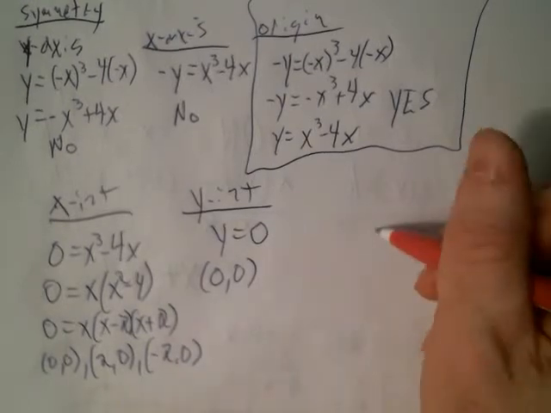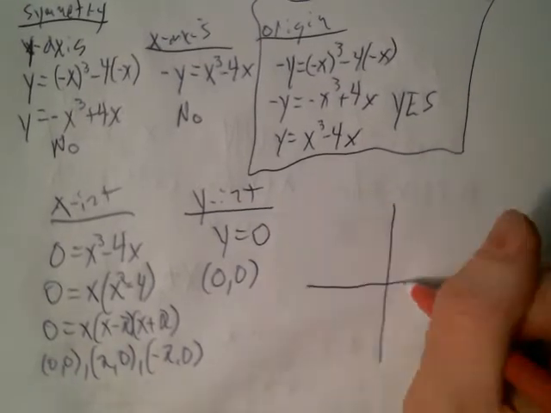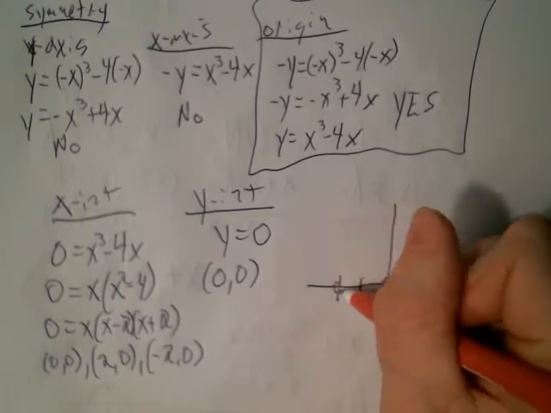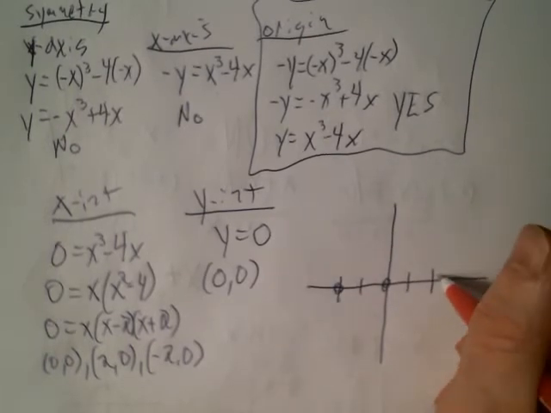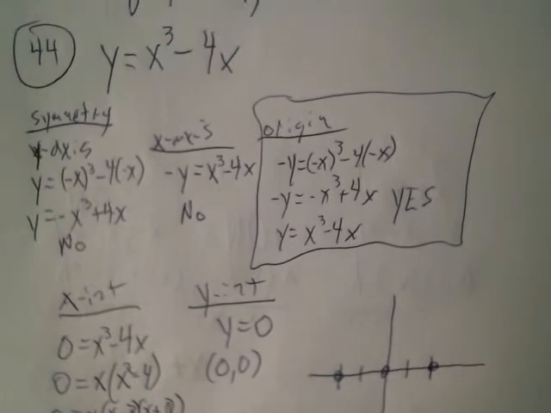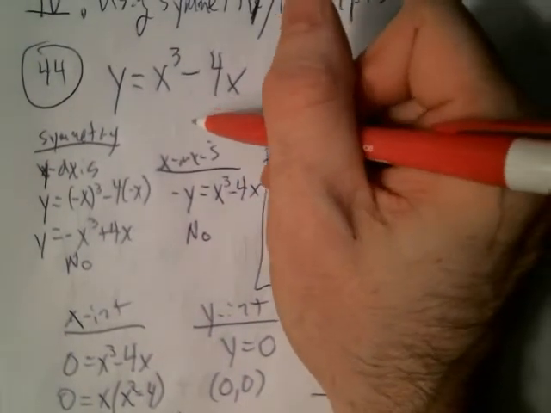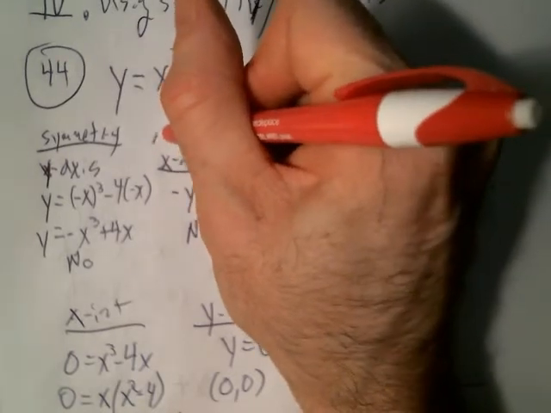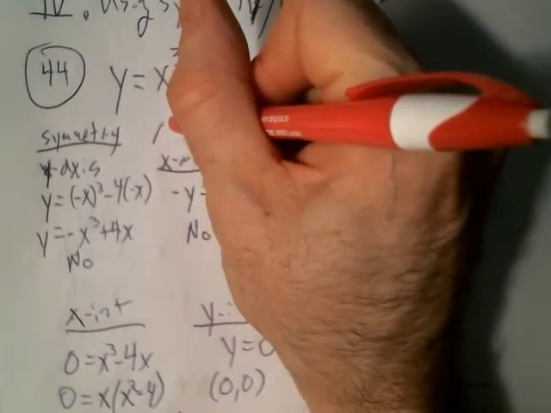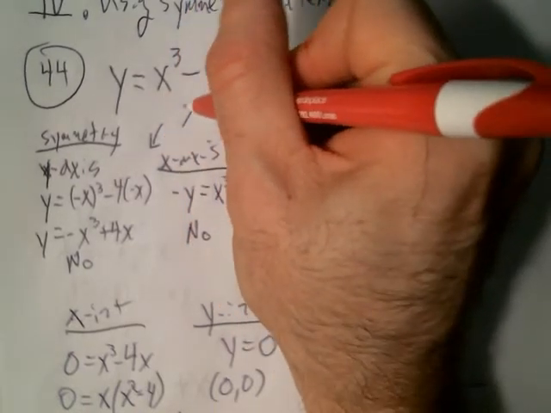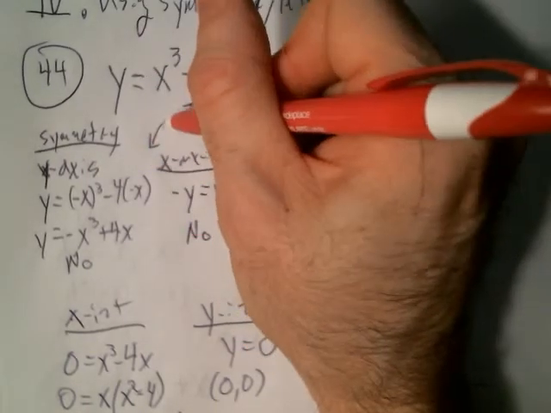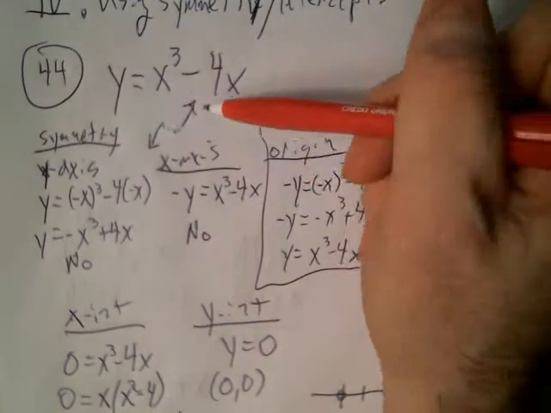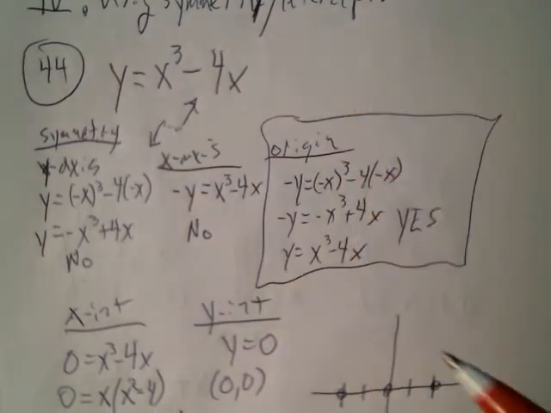Okay, so finally I can come over and sketch what the picture should be. You may or may not remember from your college algebra days that if you have this kind of polynomial with a positive leading coefficient, it'll go towards negative infinity in the negative direction and positive infinity in the positive direction.